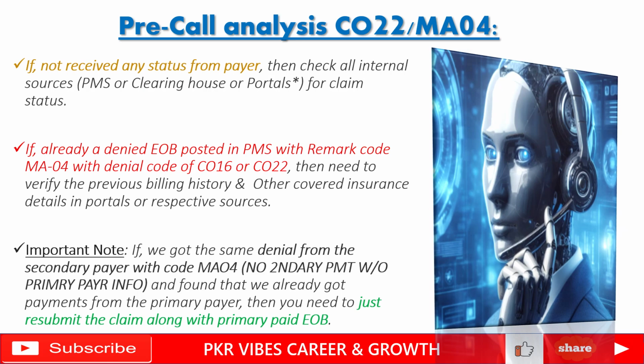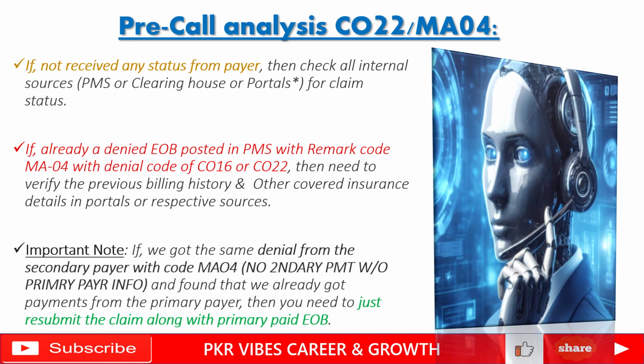So again I'm repeating, if we got the same denial from the secondary insurance with the code MA04 with the denial code CO22, and also we found that we already got payments from the primary insurance and it was already posted, then you need to just resubmit the claim along with the primary paid EOB.